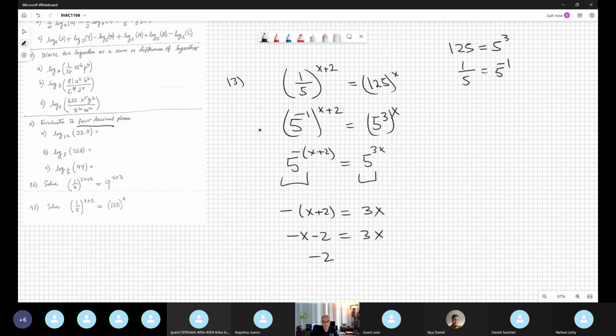Minus 2 stays. Say 3x plus x, get 4x. Minus 2 is equal to 4x, divided by 4 on both sides. And x is equal to minus 2 over 4. When you reduce, the lowest term is minus 1/2.